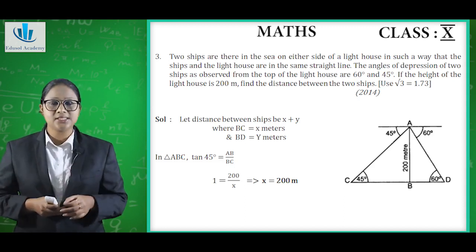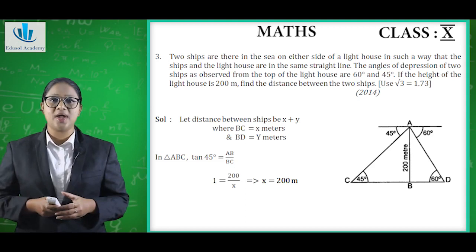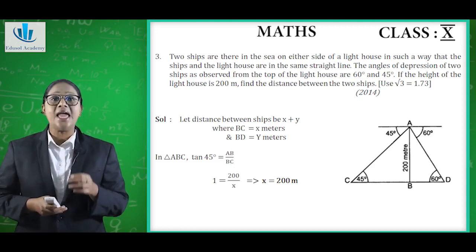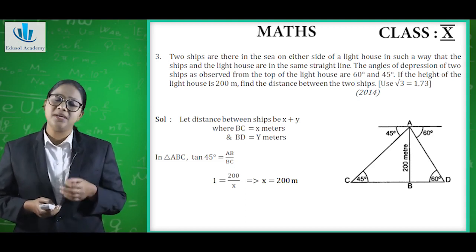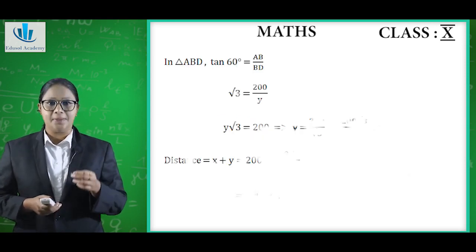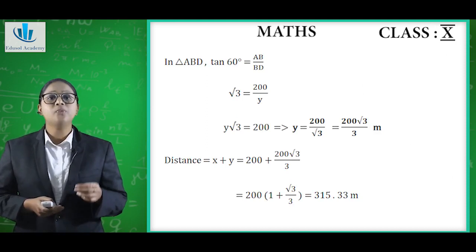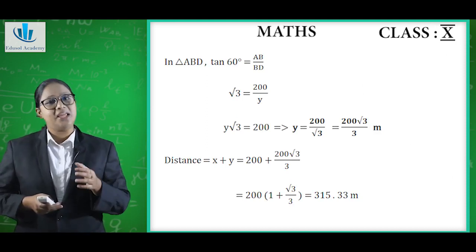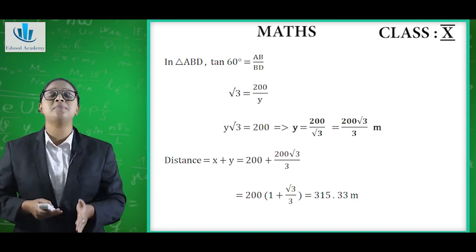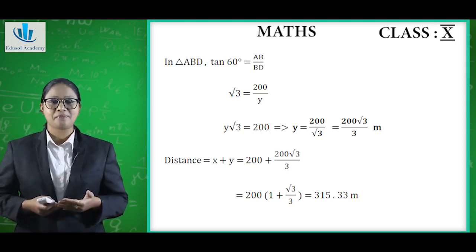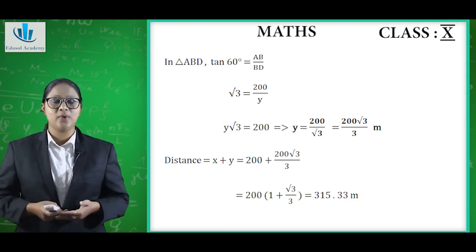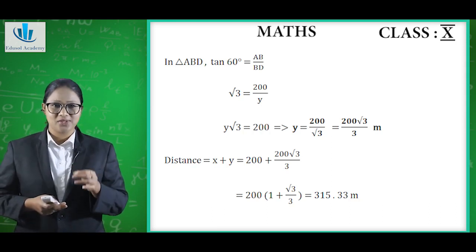So to find x, we are using the first triangle. So in triangle ABC, x is equal to 200 meter. In the next triangle ABD, tan 60 is equal to AB by BD, or root 3 is equal to AB, which is the height, that is 200 meter, by y. Now we will get y is equal to 200 by root 3.